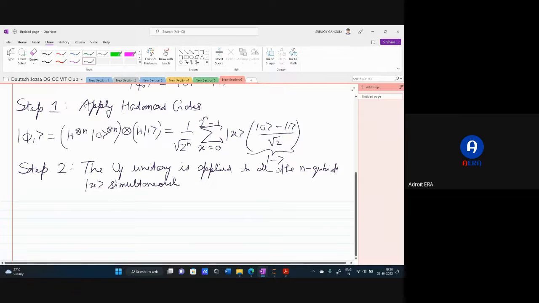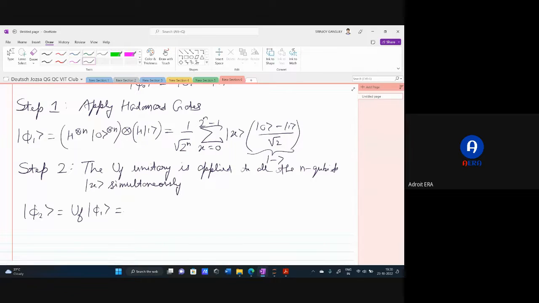So let us say ket phi 2 is U_f applied to ket phi 1, and the formula for that is 1 upon root 2 to the n.